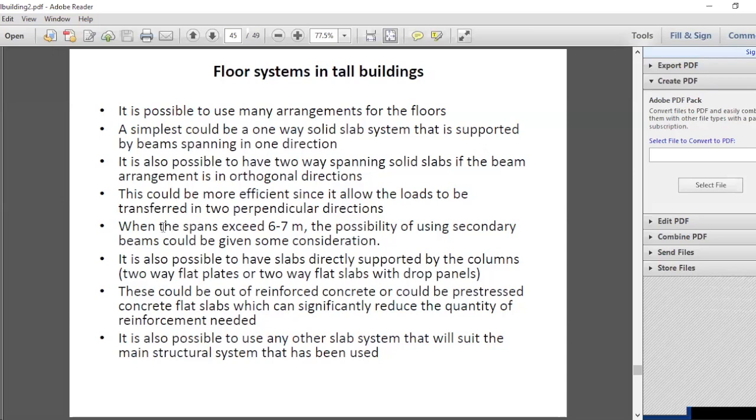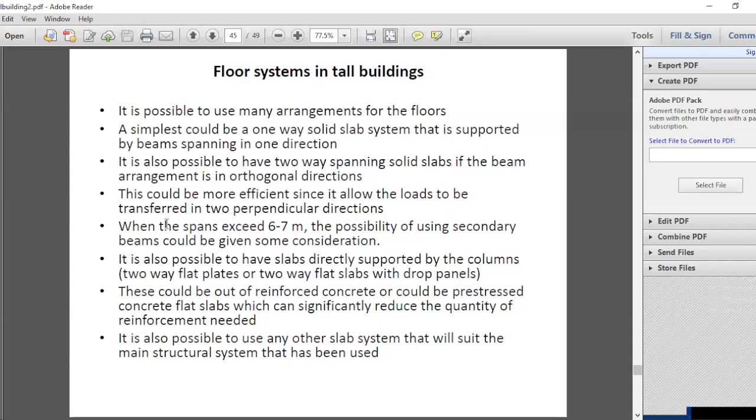In tall buildings, another aspect that we have to look for is the number of columns, or the number of column free spaces, and the span of the column free spaces. Because we are transferring large loads, we have to make sure the foundations can be independent.